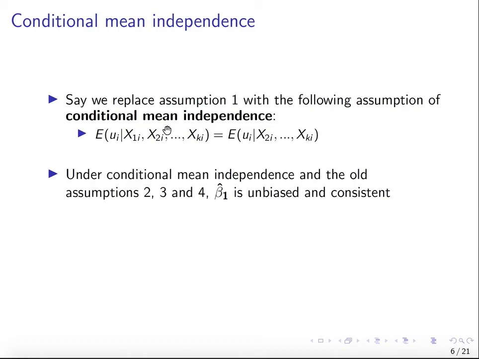Then if you do have conditional mean independence, and the other assumptions that I listed before are true, then beta 1 hat is going to be unbiased and consistent, which again means that provided that you have conditional mean independence, then you're going to be able to make inferences about the true value of beta 1 and whether or not it's significantly different from 0, which again is what we only care about, and that's why we started this course talking about the simple regression model and only the effect of x on y.